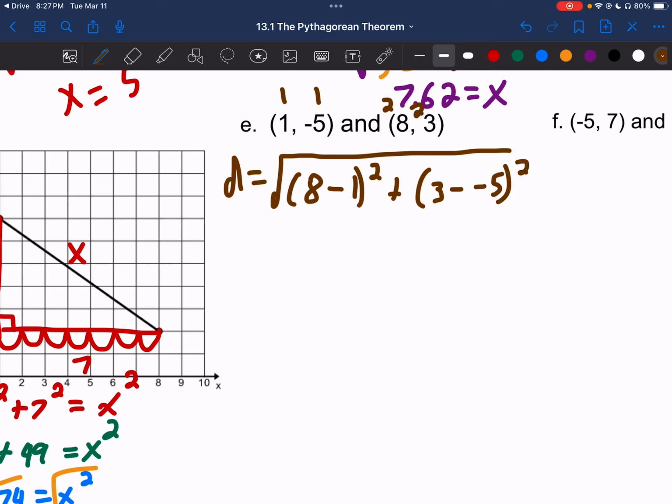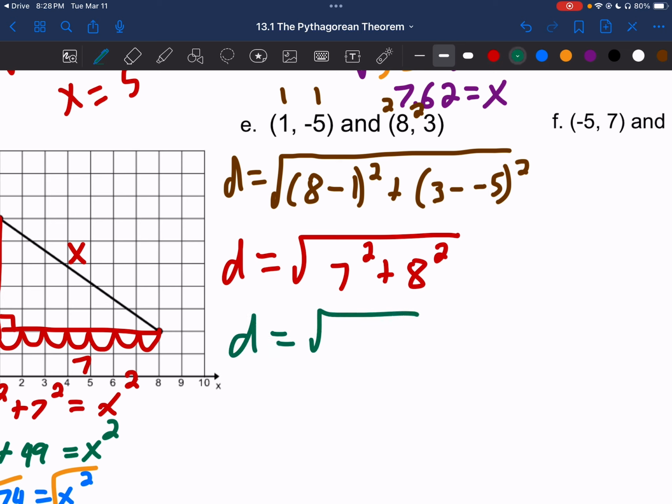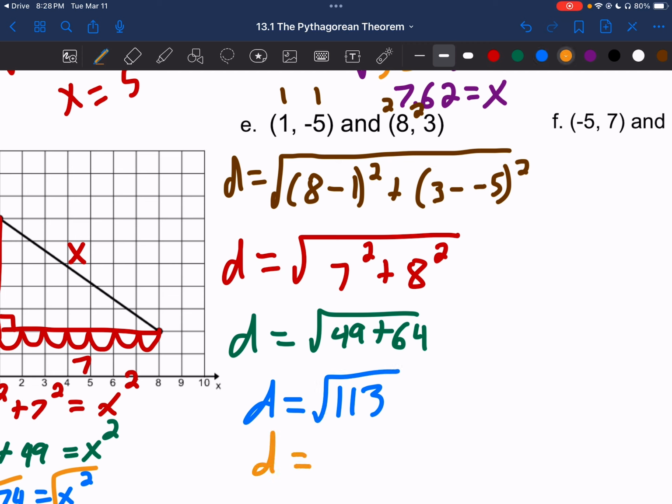So our distance is equal to the square root of 8 minus 1 is 7 squared. 3 minus negative 5 is 8 squared. So our distance is equal to the square root of 49 plus 64. And 49 plus 64 is 113, which we need to take the square root of. Our distance is equal to 10.63.